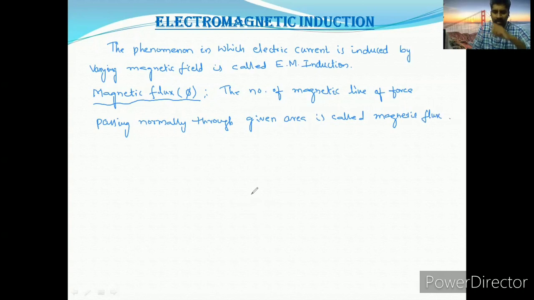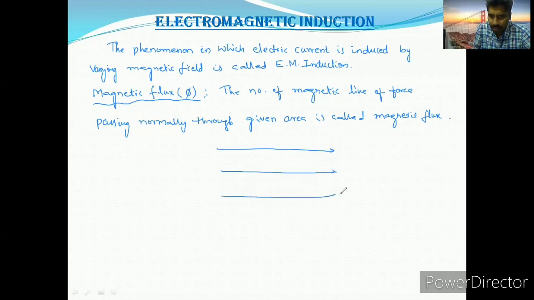Okay, magnetic flux. How do we explain it through the diagram? Here I am taking magnetic lines of force, which are uniform magnetic lines of force. It is passing through a particular area like this. This is a particular area.